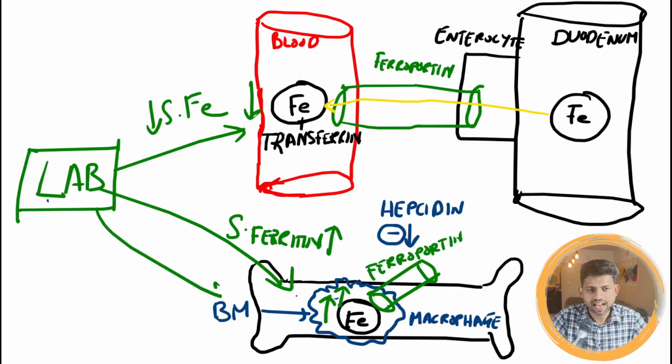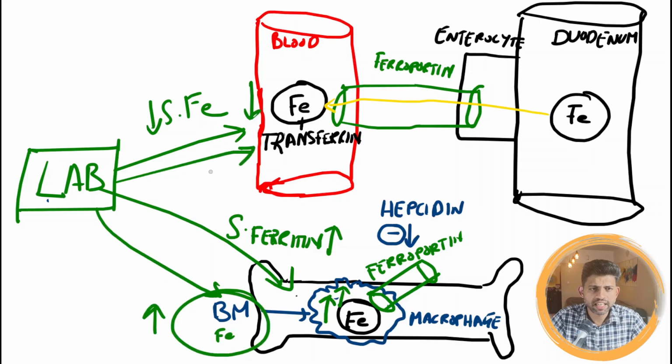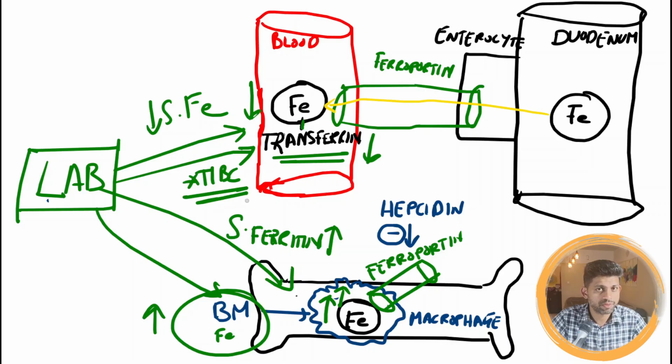And since iron is stored inside the bone marrow, bone marrow iron increases. Total iron binding capacity, which is the capacity for transferrin to bind to iron, reduces because transferrin concentration also reduces, as it's sort of a negative marker of inflammation. Exact opposite of iron deficiency anemia.